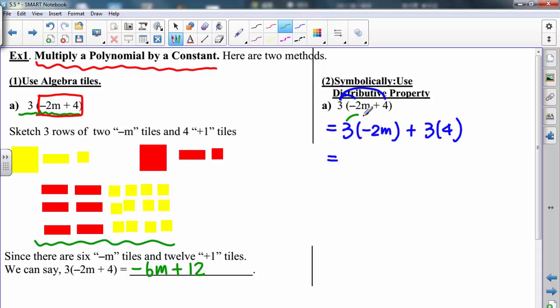We know we only need to multiply this constant by the coefficient, so we will get negative 6m. 3 times 4 is 12. So we get the same answer as the algebra tile method.